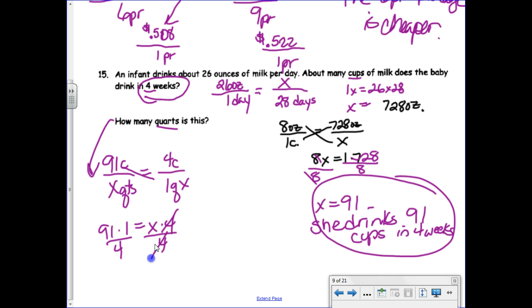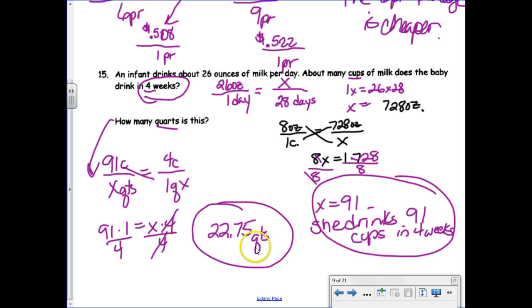There you go. 91 divided by 4 ends up being approximately 22.75 quarts. And that was in 4 weeks' worth.